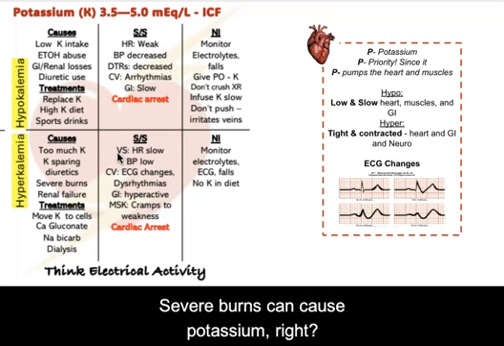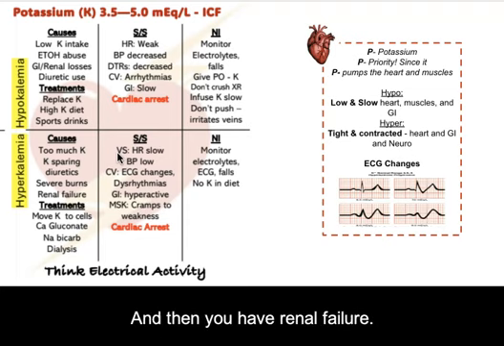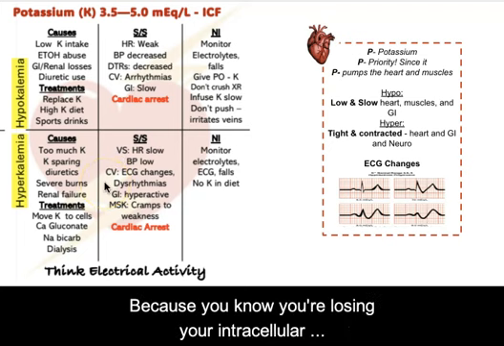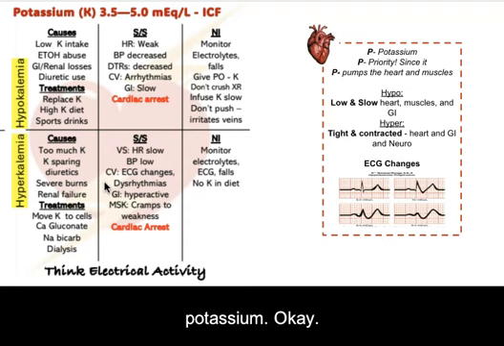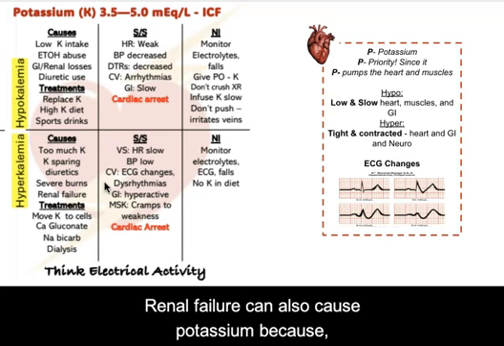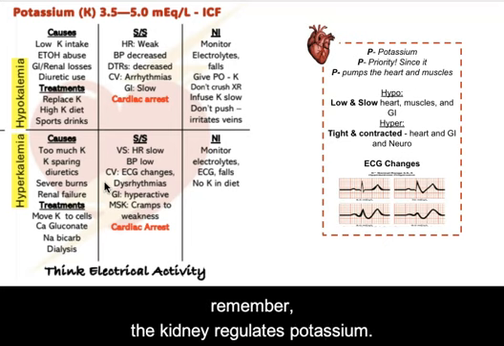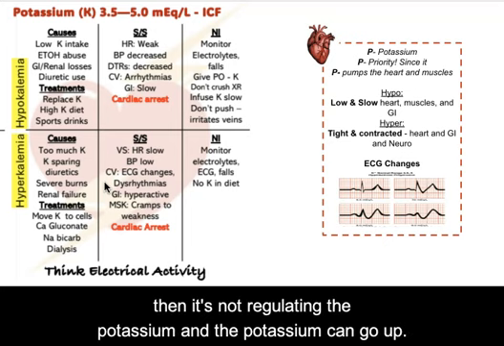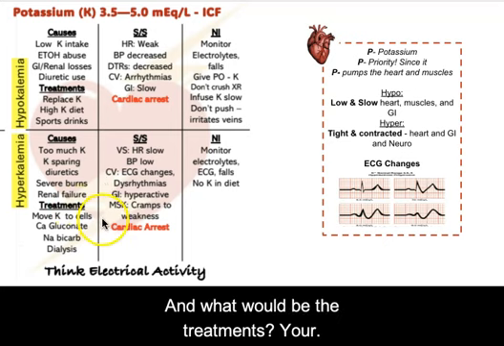Severe burns can cause hyperkalemia, right? And then you have renal failure. That's also potassium. Why do burns cause hyperkalemia? Because you're losing your intracellular potassium. Renal failure can also cause it because remember, the kidney regulates potassium. And so if you have renal failure, then it's not regulating the potassium and the potassium can go up. And what would be the treatments?